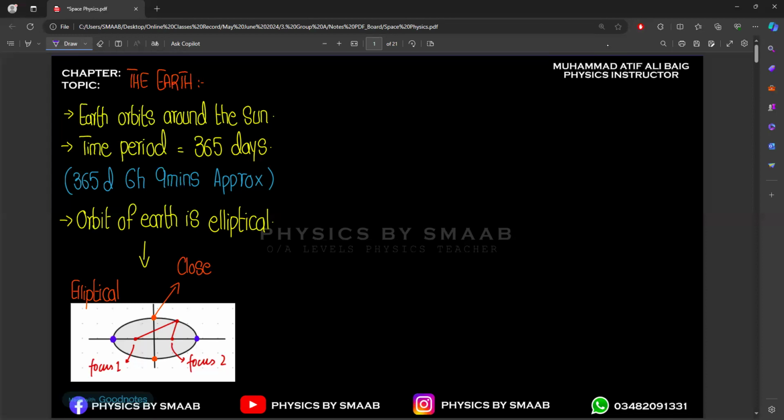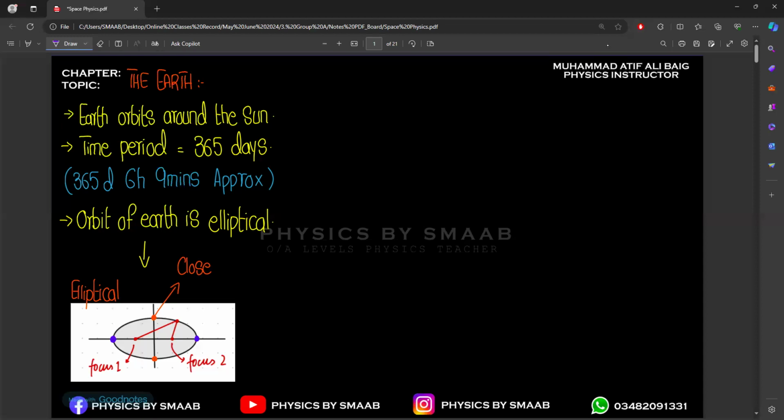And the same happens on the other point. So it is not completely in a circular form like what we used in our minds previously, in lower grades, when we studied that it is circular, but it is elliptical.